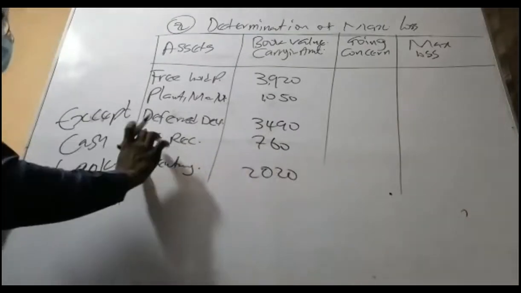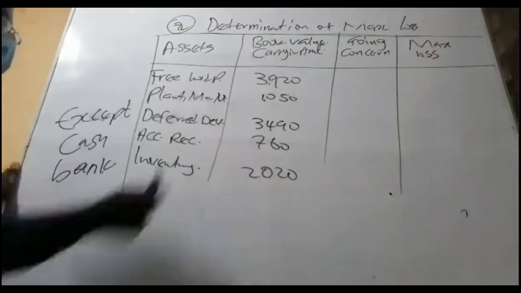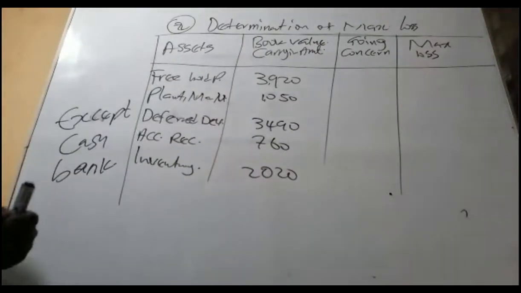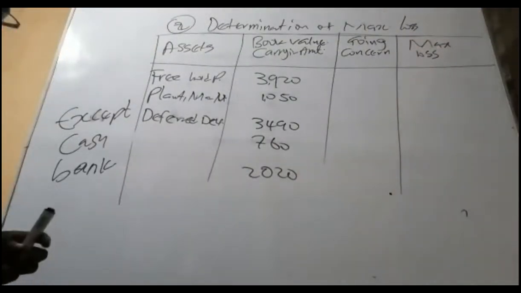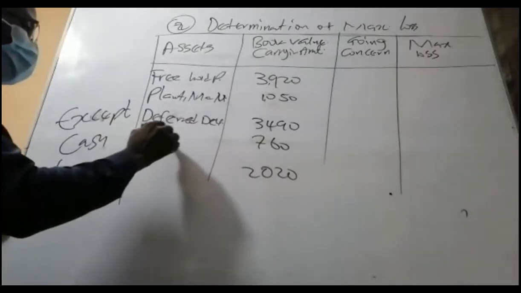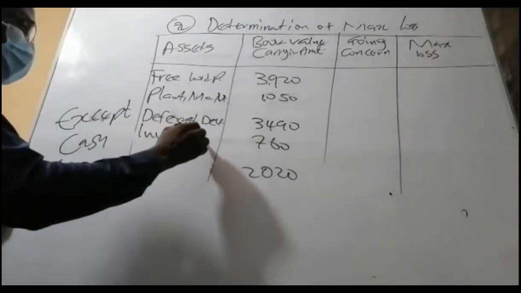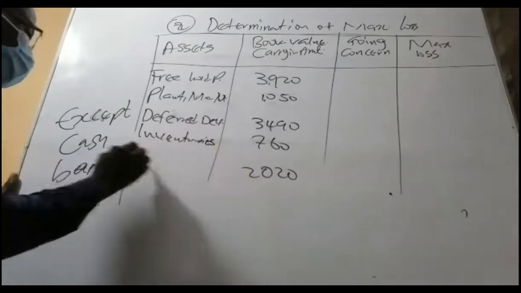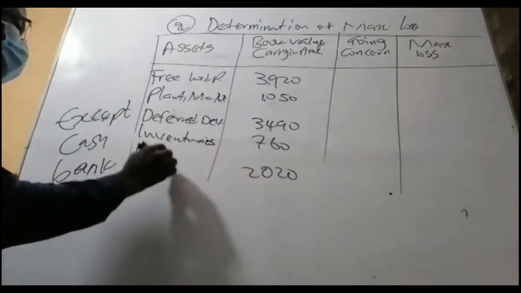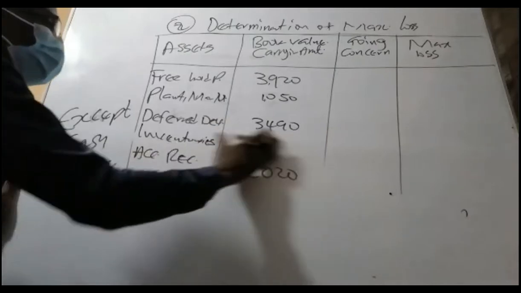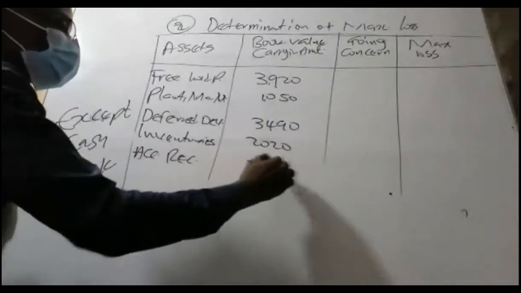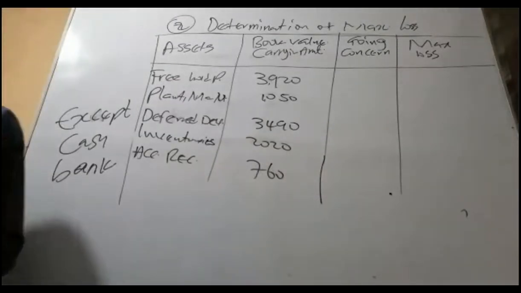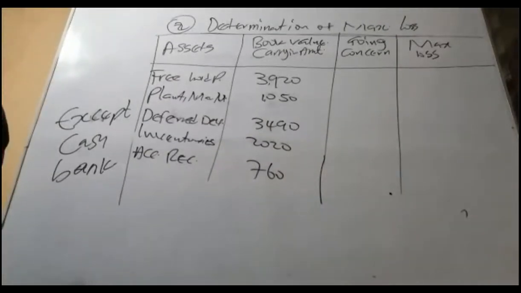But anyhow you arrange them, inventory has to be 2020 and account receivable has to be 760. That is it. So that's perfect.